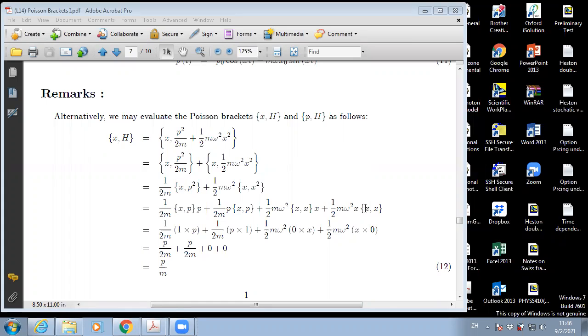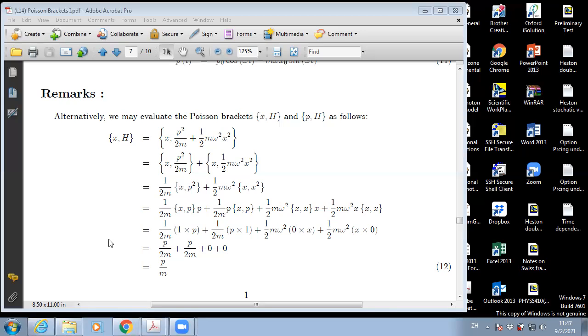Here, the Poisson bracket between x and x is equal to 0. The Poisson bracket between x and p gives you 1. So we have two terms equal to 0, and also two identical non-vanishing terms.